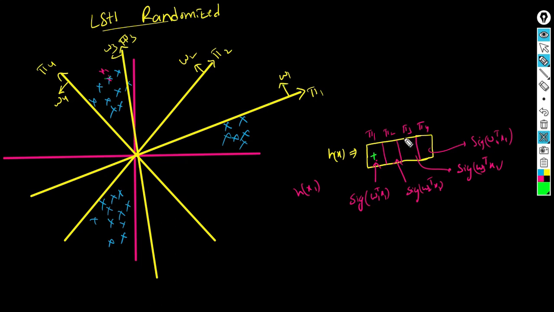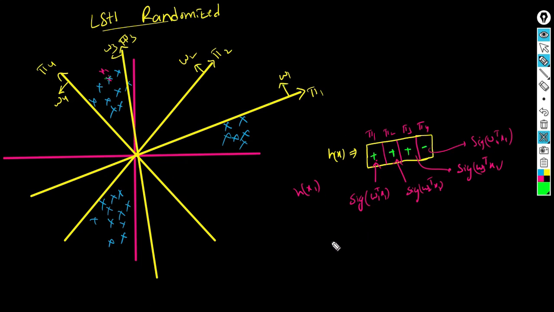And for pi2, this is the pi2 direction and the point direction is also the same, so we will get a positive sign here. Let's see pi3 and x1, also the same direction. We will get a positive sign here. And pi4, that means vector w4 and x1 are in opposite directions. This was in the direction, but this point is opposite to this direction. This way, we will get negative.